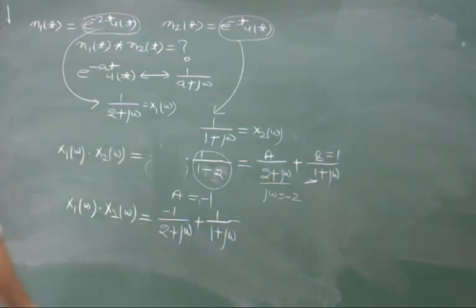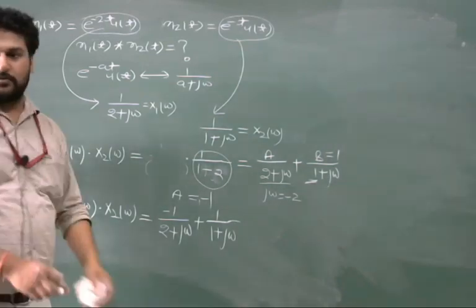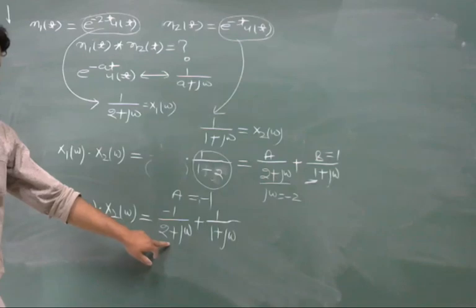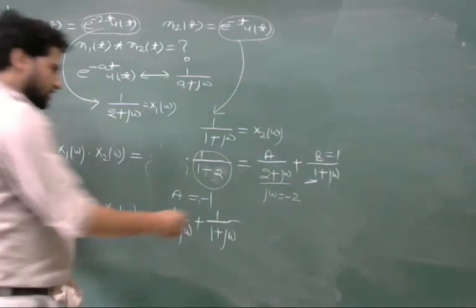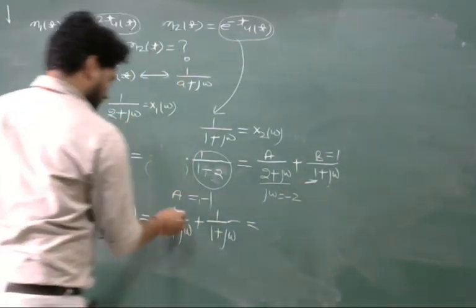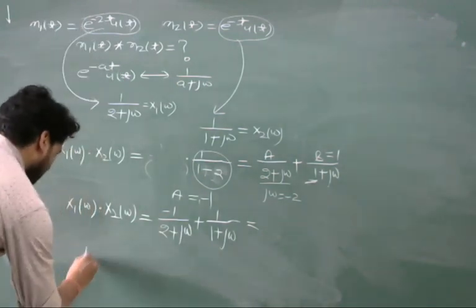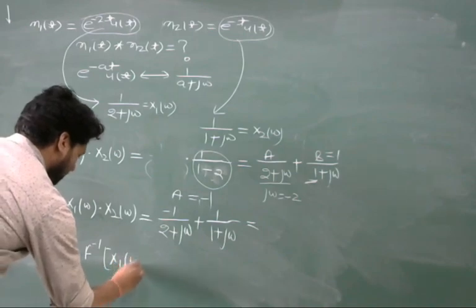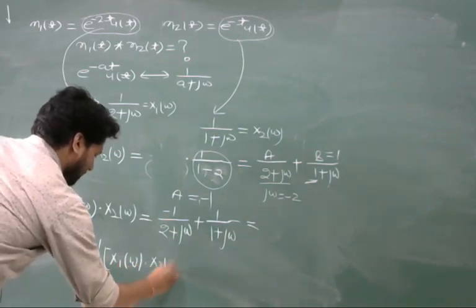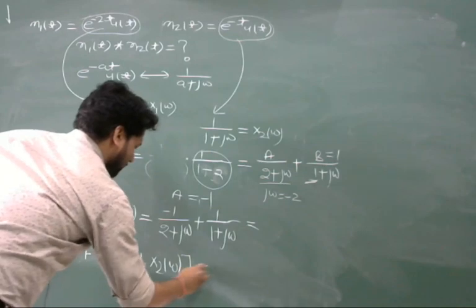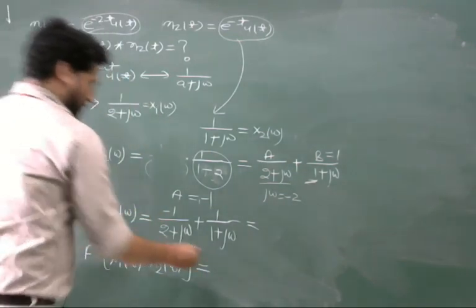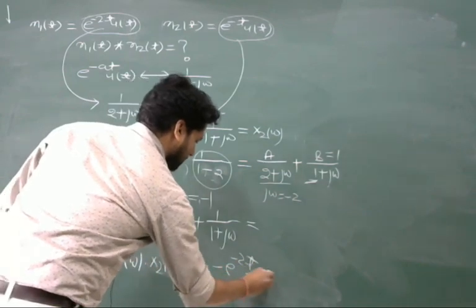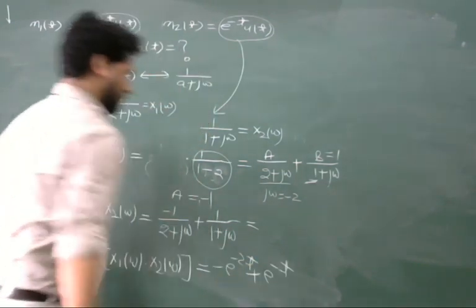And as we know, the inverse Fourier transform of x1(omega) into x2(omega) will be equal to minus e power minus 2t plus e power minus t.